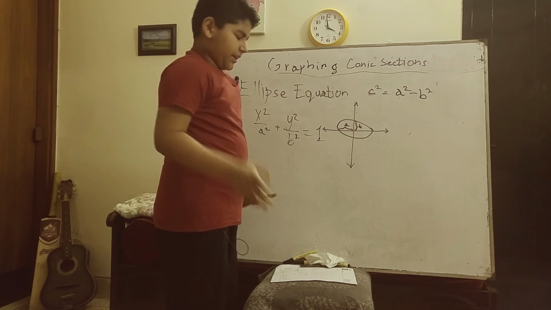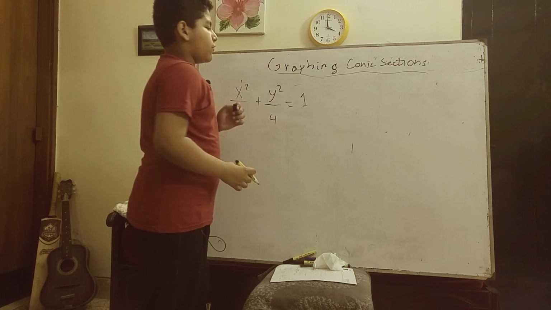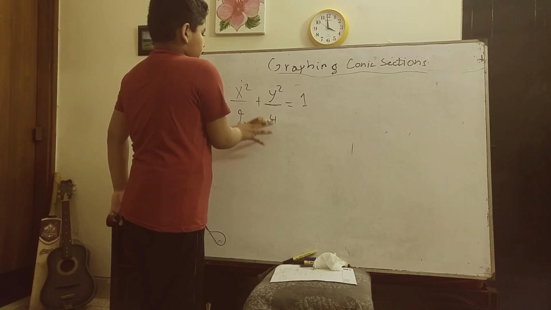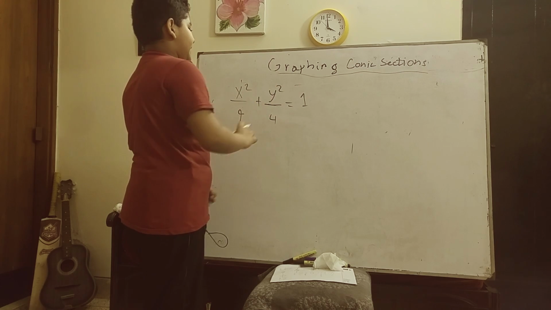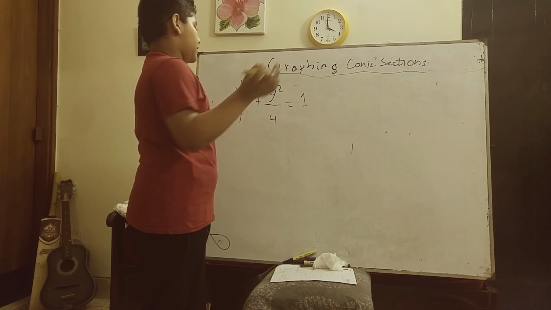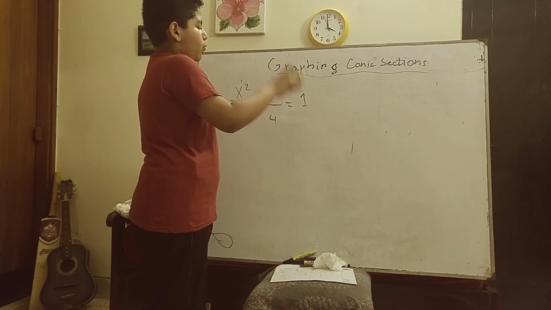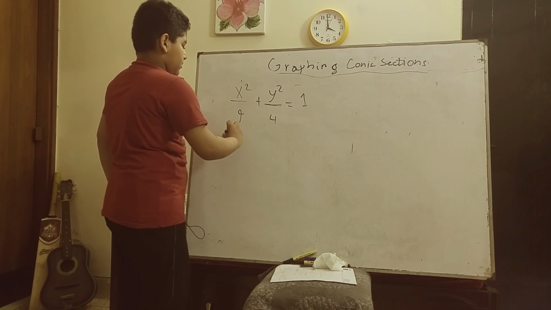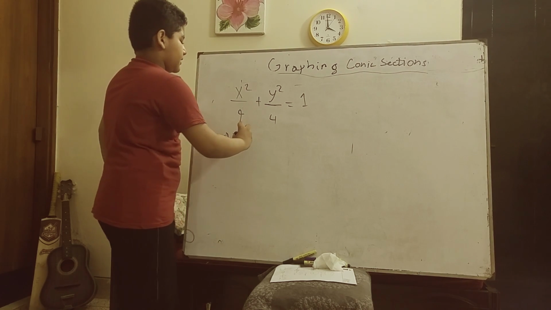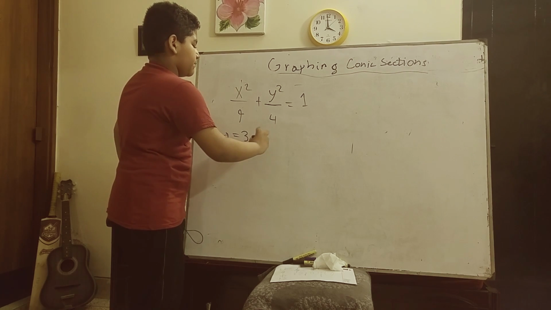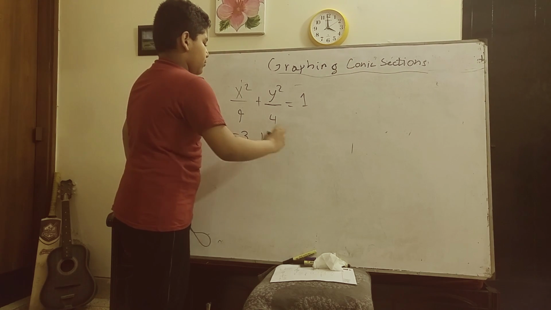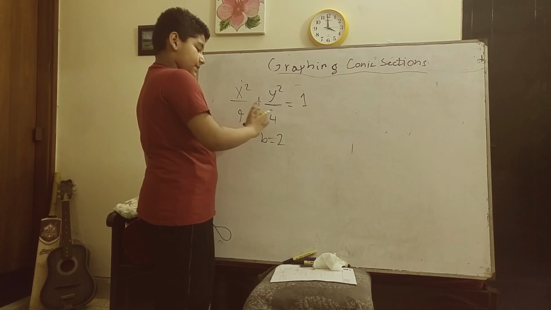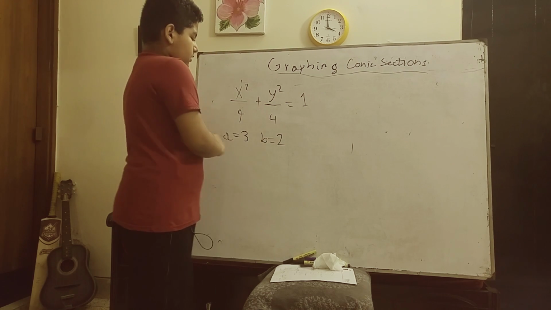For me anyway. Now, take a standard form equation of an ellipse, like x squared over 9 plus y squared over 4 equals 1. If we take the square roots of the bottom, we see that a equals 3 and b equals 2, because remember, this is a squared and this is b squared.